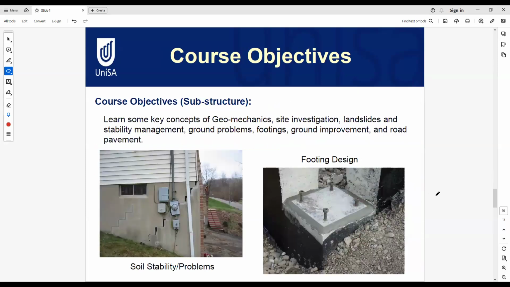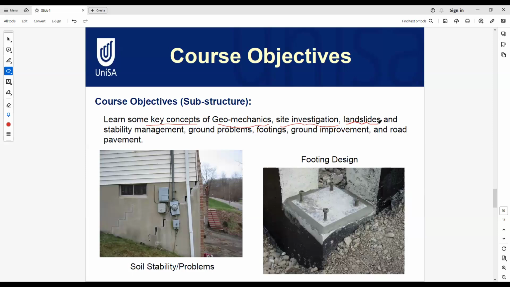And for the substructure component, we will also be looking at some key concepts of geomechanics or geotechnical engineering, including site investigation. We will look at the site and soil investigation, the properties of soil, and some essential parameters of soil properties.